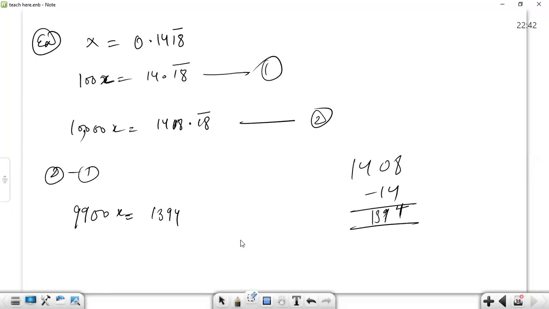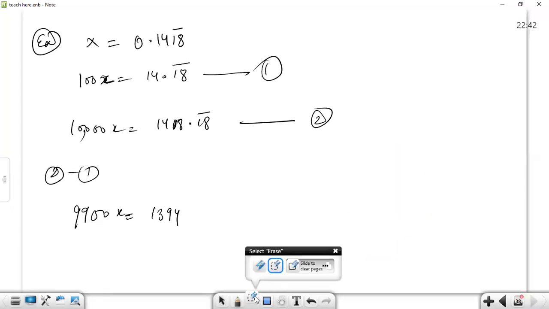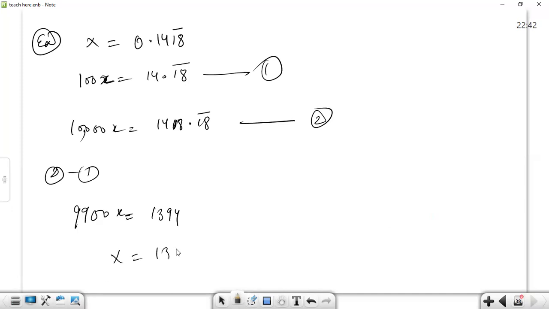No mistakes? So x will become 1394 divided by 9900. Now notice how we have tackled it when there were different digits without a bar. Observe please.